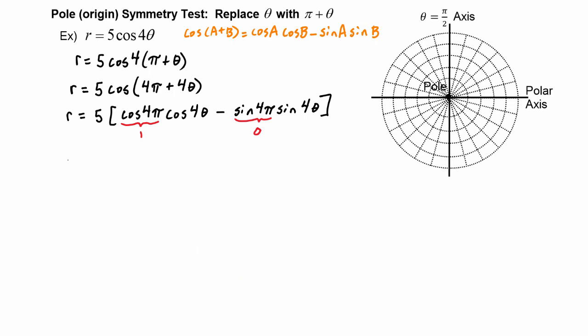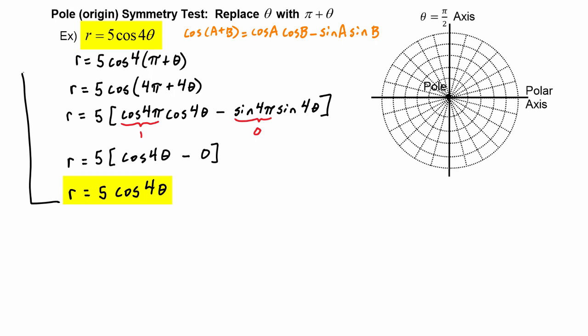So our equation becomes r is equal to 5 times the quantity cosine of 4 theta minus 0, which is r is equal to 5 times the cosine of 4 theta, which is exactly like what we started.